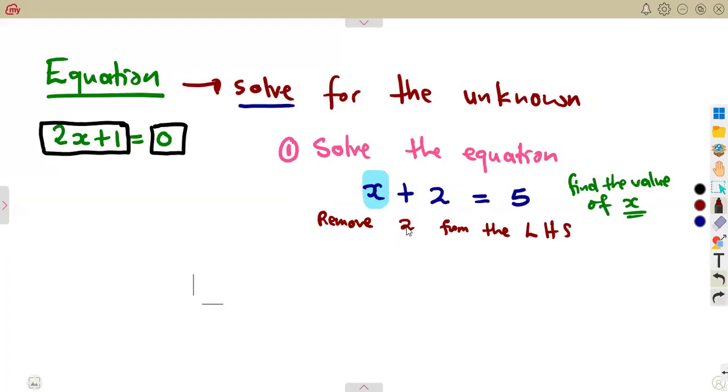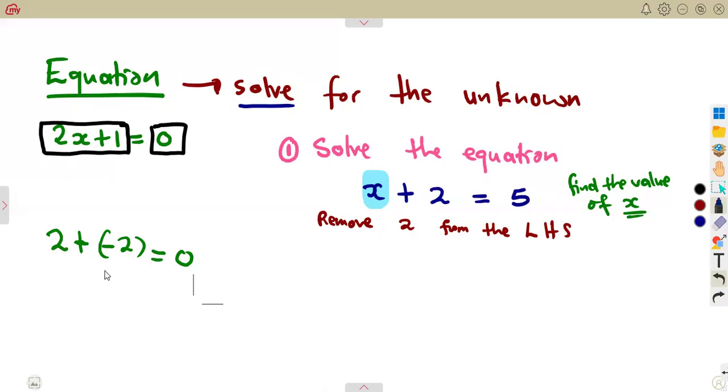How are we going to remove this 2 from the left-hand side? The 2 is added there. So you go back to the concept: to obtain a 0 there, we are supposed to work with the additive inverse of 2, which is to add a minus 2 to a 2. If you add a minus 2 to a 2, you obtain a 0.